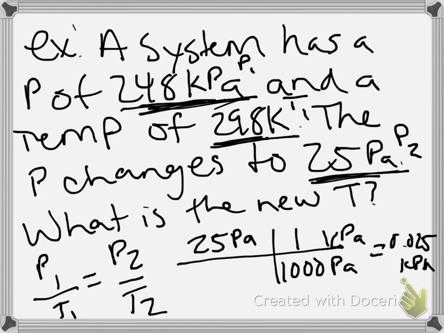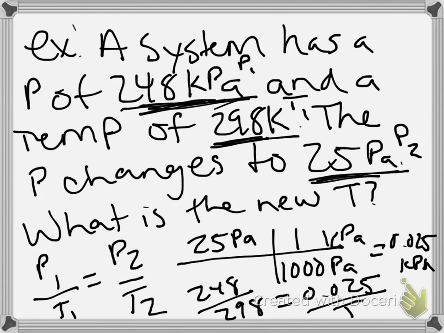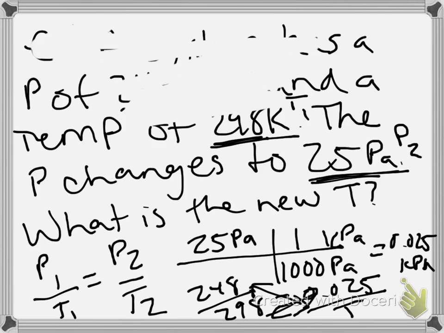So now I can plug in my numbers. So P1 is 248 divided by T1, which is 298, equals P2, which is 0.025, and we don't know T2. So I'm going to cross multiply these, and I'm going to erase some up here so I have room to do this.